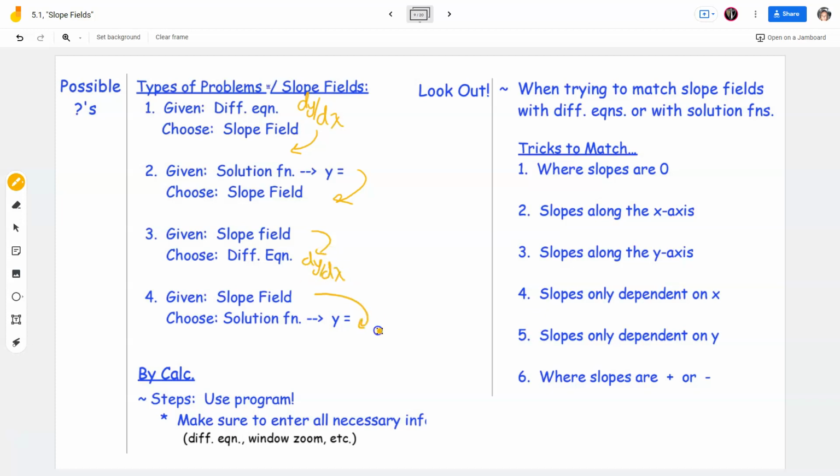Or you have a slope field, and you have to choose a y. For all of these, what you want to think of, we're going to do one of those y ones in just a second. We've only done the dy dx's so far. But for dy dx, we're looking at the slopes. Like if you were to put something in your notes, dy dx, you look at the slopes.